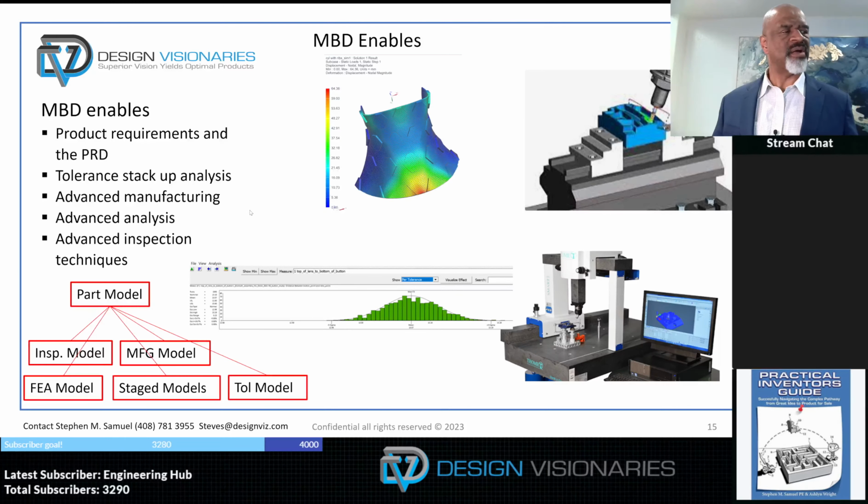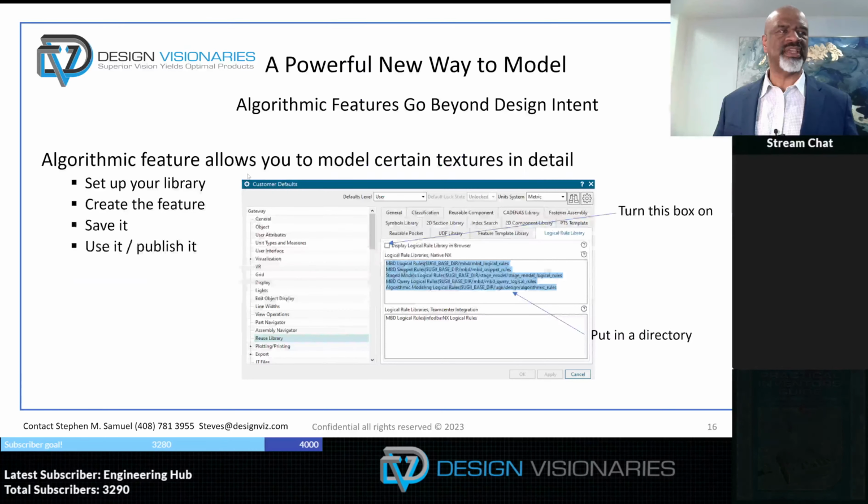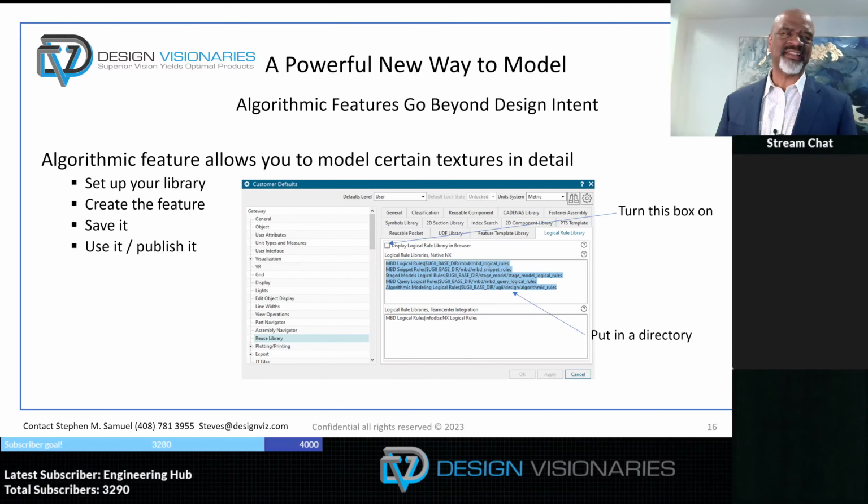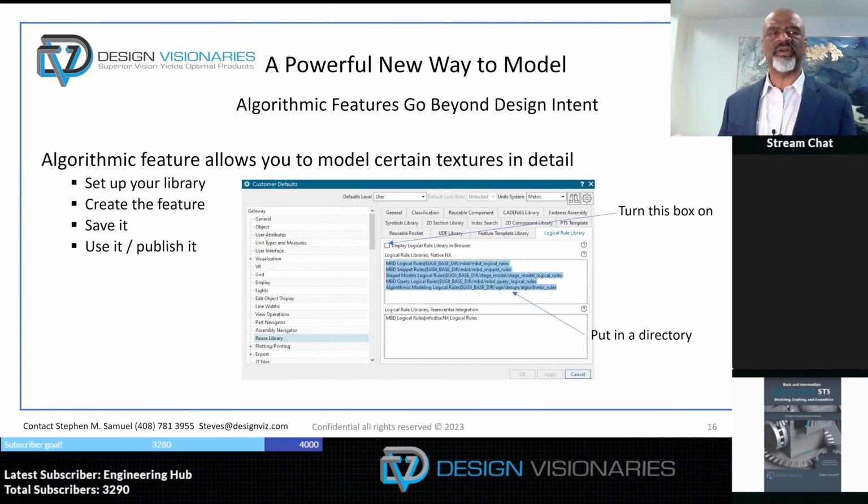And so that enables all of these different techniques. It's fantastic. And we have a powerful new way to model, which also enables us to capture the modeling so much more exactly and make sure that the models that we have are of better quality to begin with.